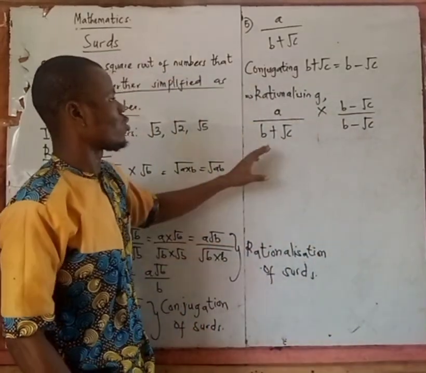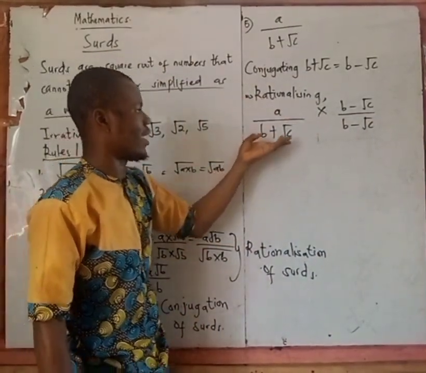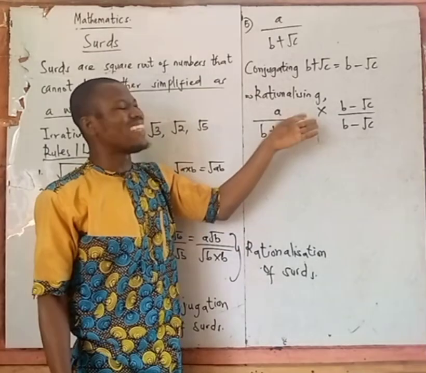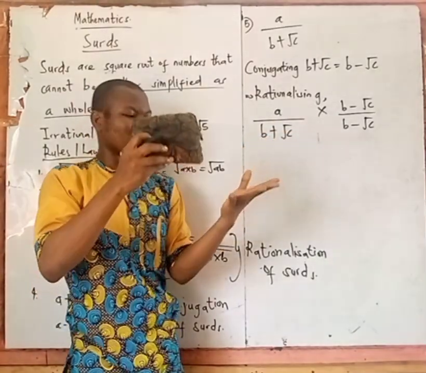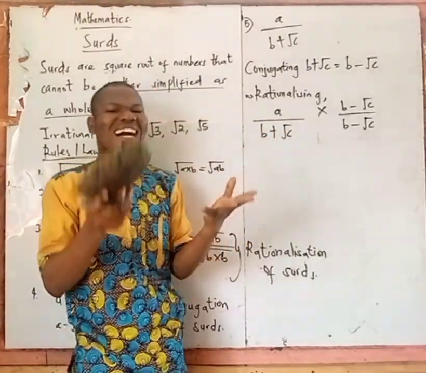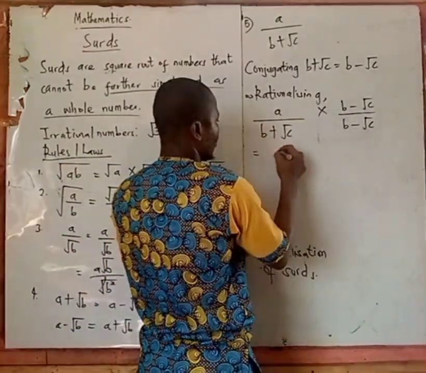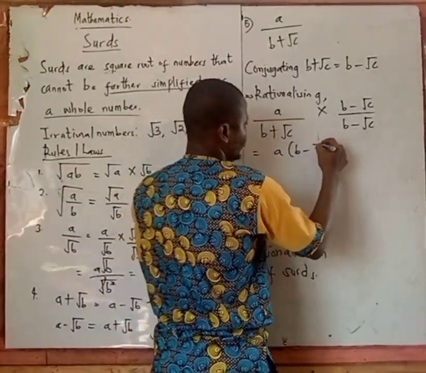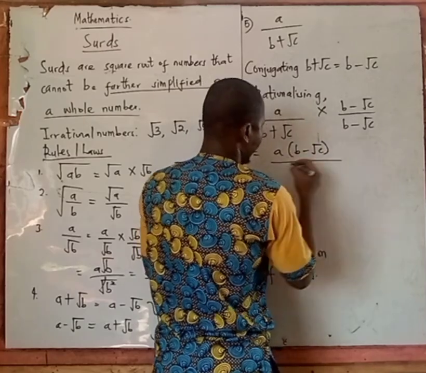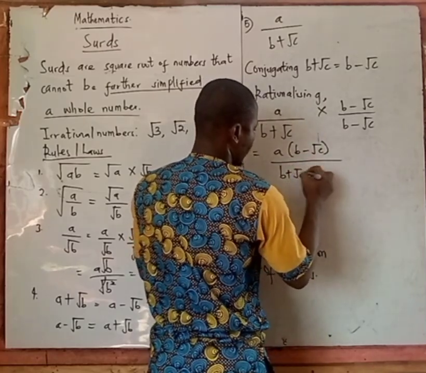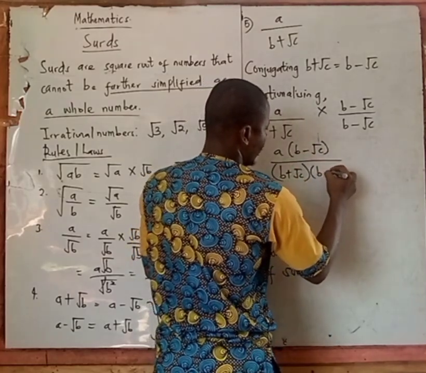So we first conjugated this denominator, then rationalized it. So we are doing conjugation and rationalization. Multiplying this gives us a into bracket b minus root c, divided by b plus root c into bracket b minus root c.